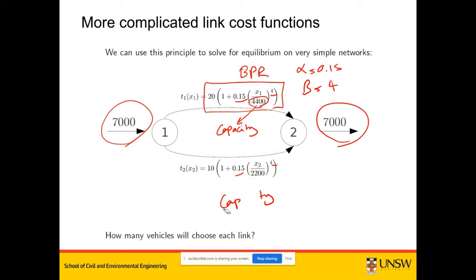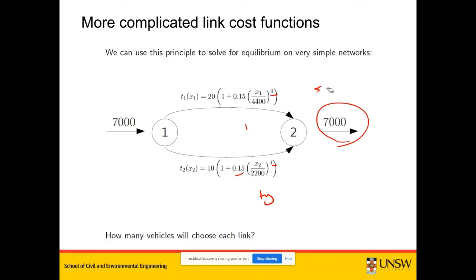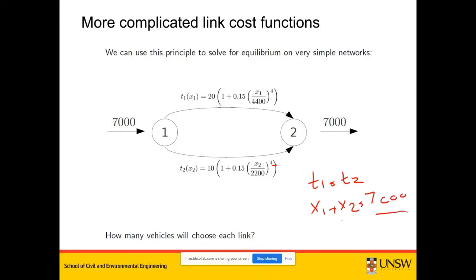If you want to algebraically solve it, it's very easy. Again, as I said before, you only need two equations because you have two unknowns here. You set T1 equal to T2, and you set X1 plus X2 equal to 7,000. And then you solve the simultaneous equations and you find X1 and X2.